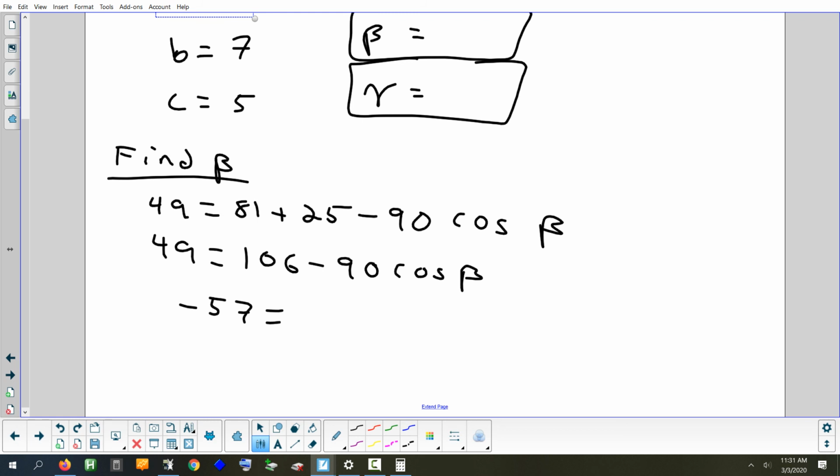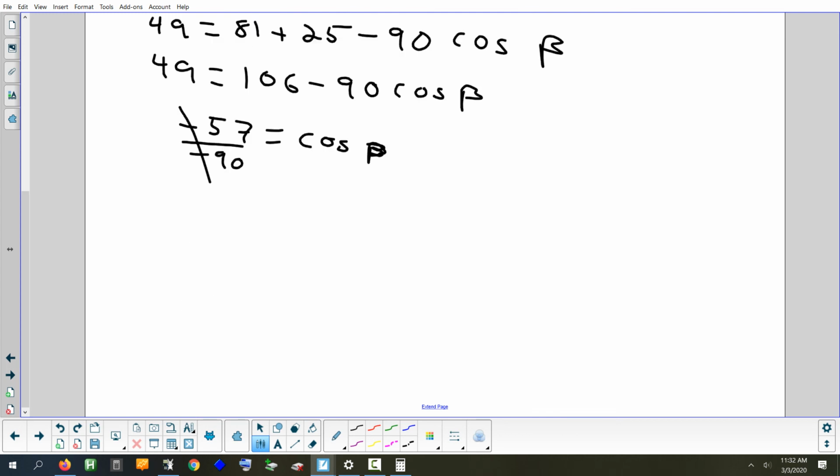What's going to be the next step at the same time? Dividing by negative 90. So I subtracted the 106 and divided by negative 90. Negatives cancel. Bigger number in the bottom. Perfect. And my last step. So we don't want to round anything till the very end.